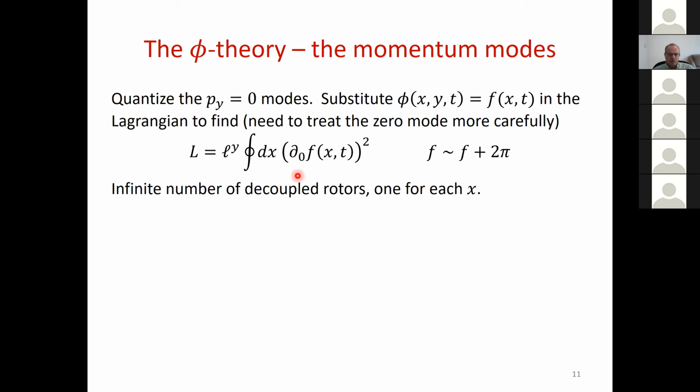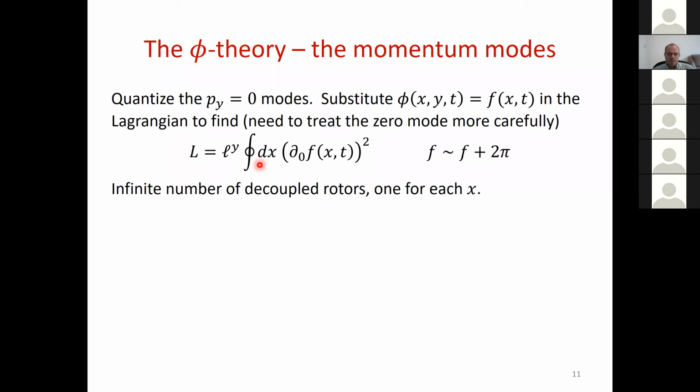So at every point in x, we have a separate coordinate f of x, which can be time dependent, and it is separately 2 pi periodic. So if we look at one value of x, what we have is a quantum mechanical system of a rotor, a particle that lives on a circle. But there's an interesting subtlety here: we have an integral. We don't have a finite number of modes.